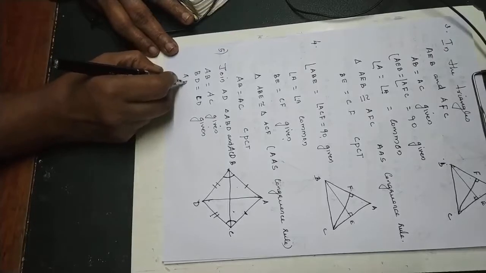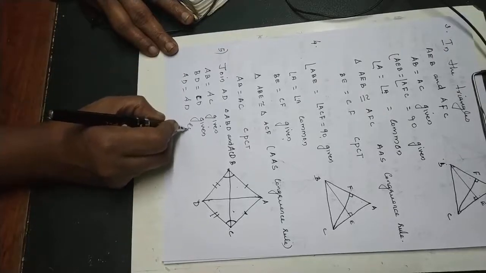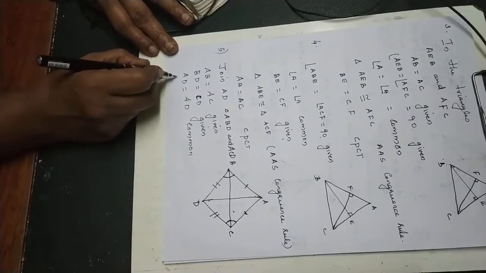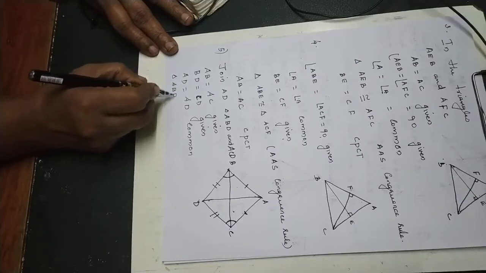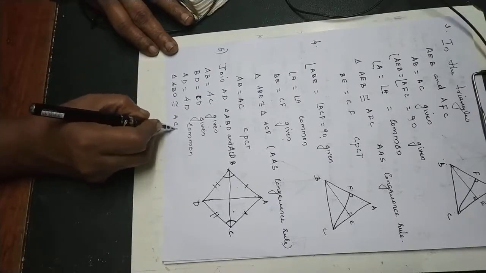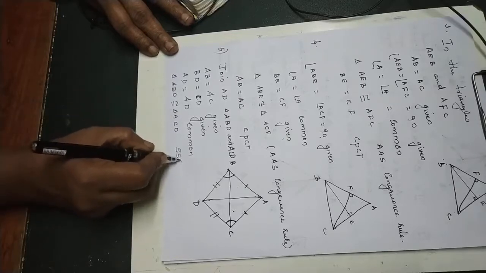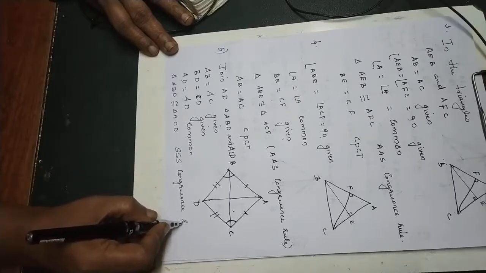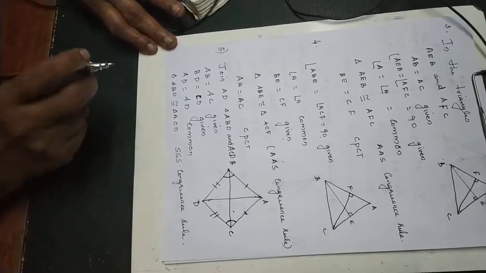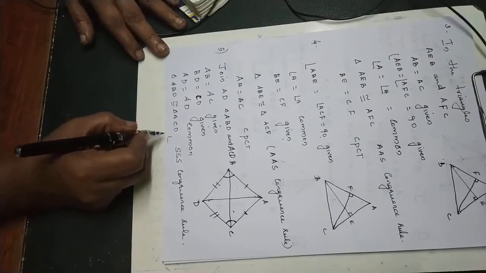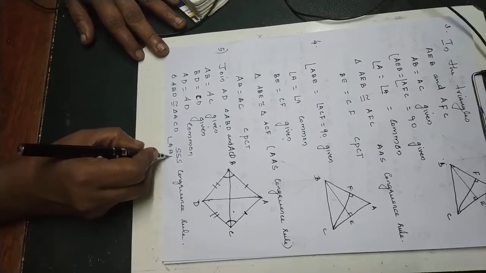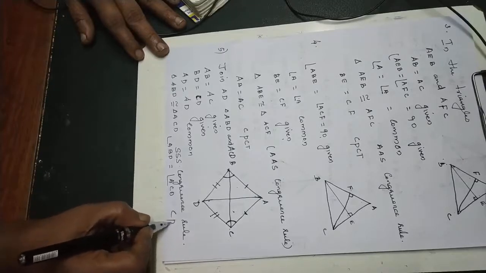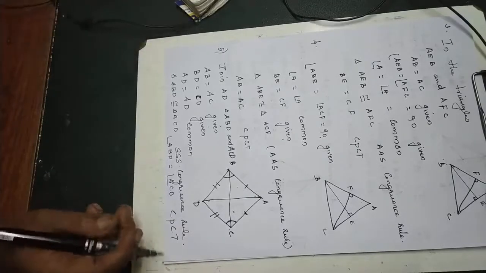Now AD is equal to AD, that is common. So triangle ABD will be congruent to triangle ACD by SSS congruence rule. Now angle ABD is equal to angle ACD by CPCT, corresponding parts of congruent triangles.